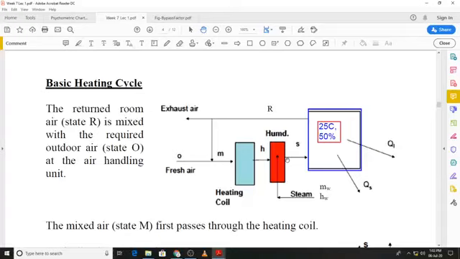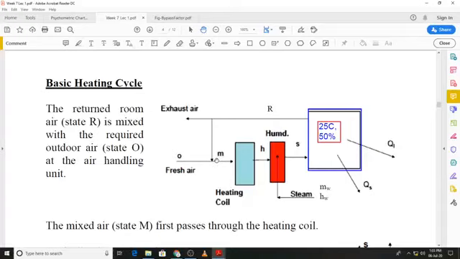So we want to maintain the contamination level inside the room, or the indoor air quality, at a certain level, and to do that we exhaust part of the air which is being taken from the conditioned space and then mix outside fresh air with the recirculated air, and that is shown by this letter M over here.